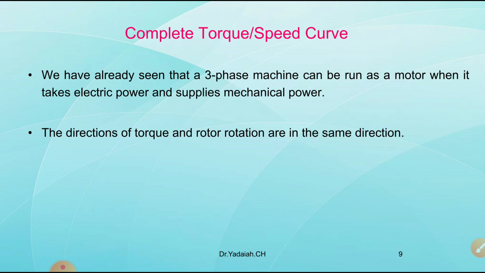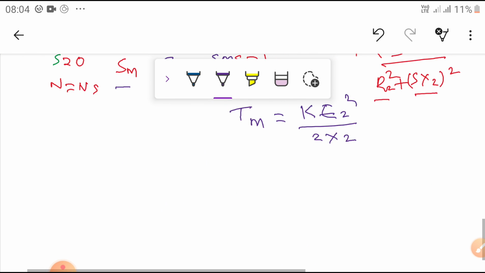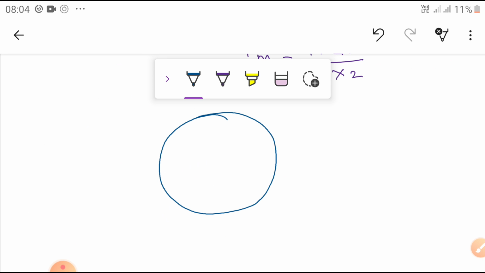So, we have already seen that a three-phase machine can be run as a motor when it takes the electric power and supplies mechanical power. So, here is one doubt. Dear students, for example, please listen carefully.